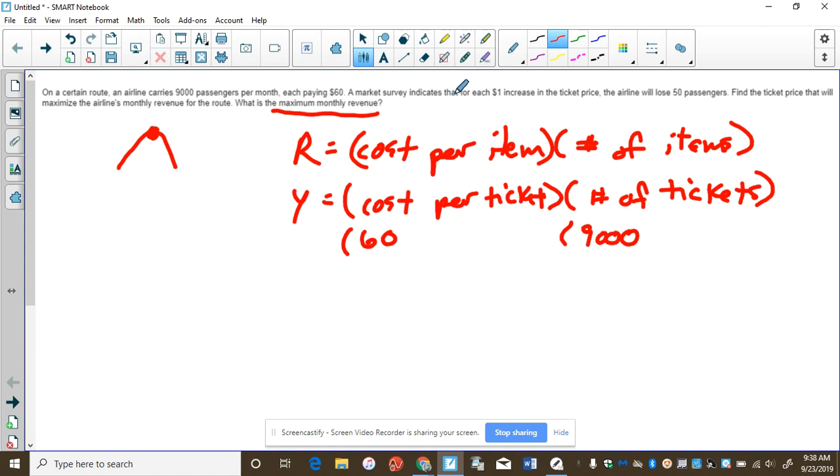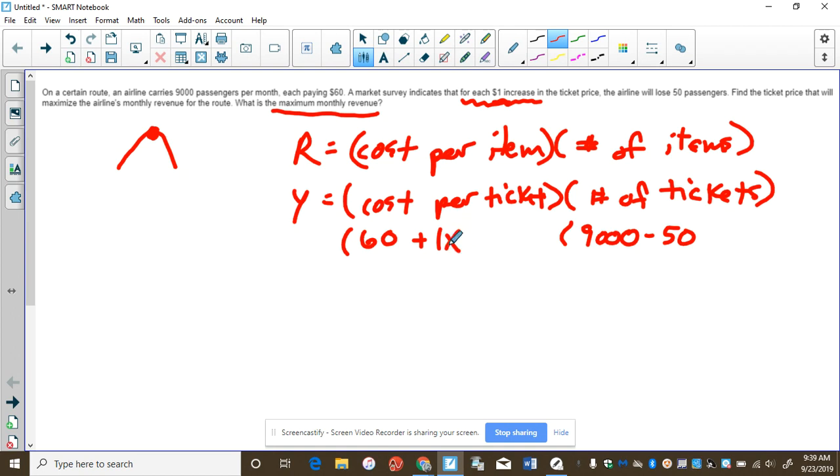A market survey indicates that for each $1 increase in ticket price, so if we add $1 to this, the airline will lose 50 passengers. This will go down by 50. But it says for each $1 increase, that can happen multiple times. So the $1 that we're adding to the price can happen more than once.